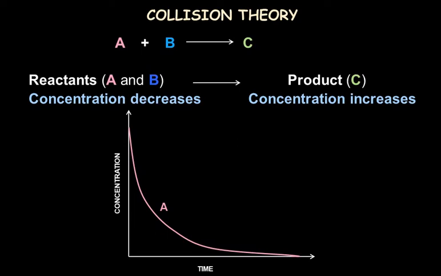For example, if we have plotted a graph of reactant A in concentration terms, then it decreases as the reaction proceeds. The same will happen in the case of B also. Now what about the products? Product C will gradually increase in concentration as more and more product is formed. So this is how you can explain the change in the concentration of reactants and products in terms of a graph of concentration versus time.